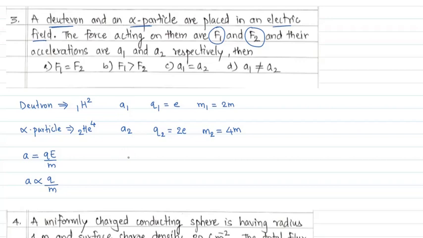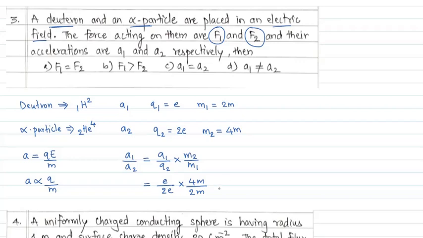A1 by A2 is equal to Q1 by Q2 into M2 by M1. Now substitute. Q1 is e, Q2 is 2e, M2 is 4m and M1 is 2m.